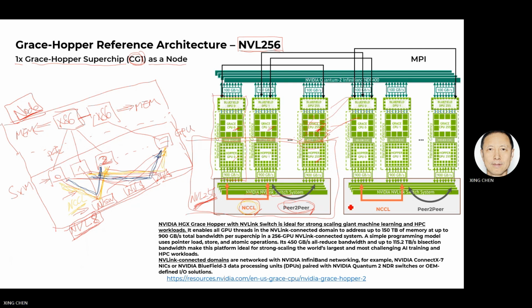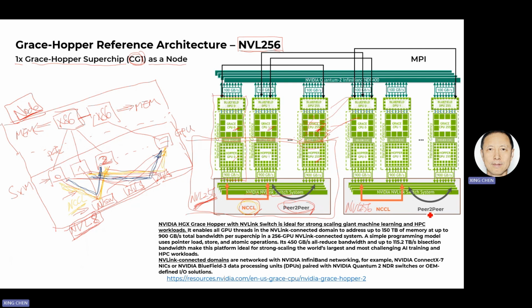But the fact is that if you have multiple NVLink domains per system, you have the first NVL 256, you have another NVL 256 domain, and you have another NVL 256.